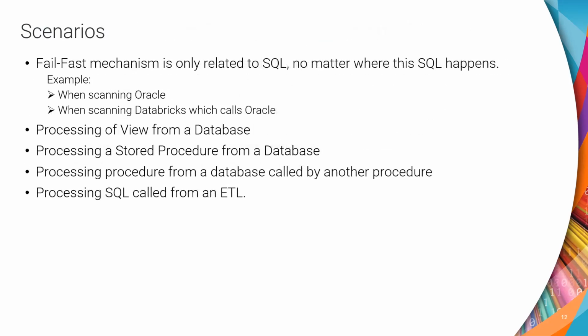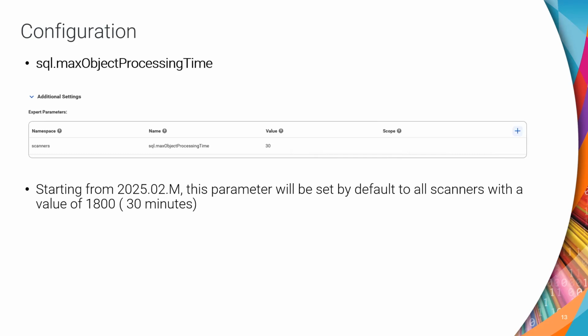Scenarios. Fail fast mechanism only relates to SQL, no matter where the SQL happens, either in executing a procedure, in a view, calling another procedure or an ETL transformation logic. Configuration: SQL.max object processing time. By default, it will be 30 minutes for all the scanners.